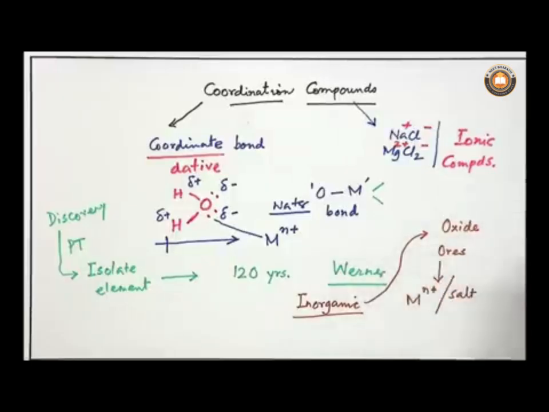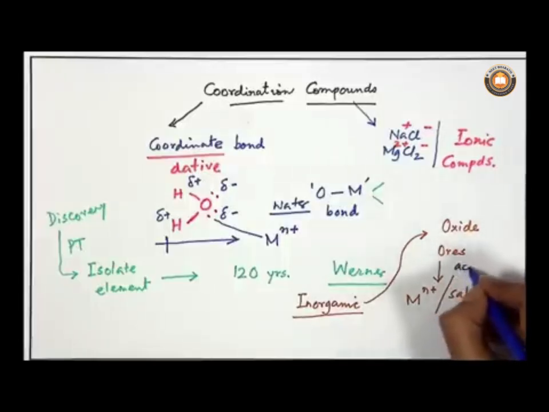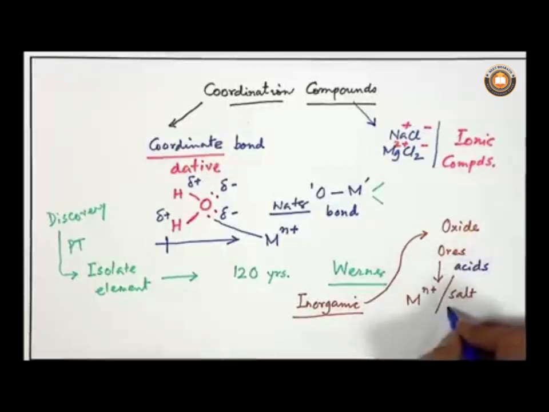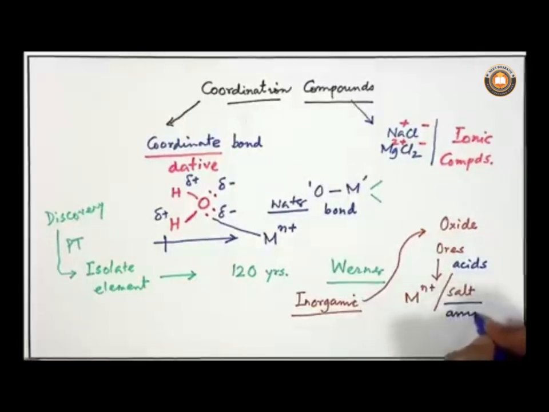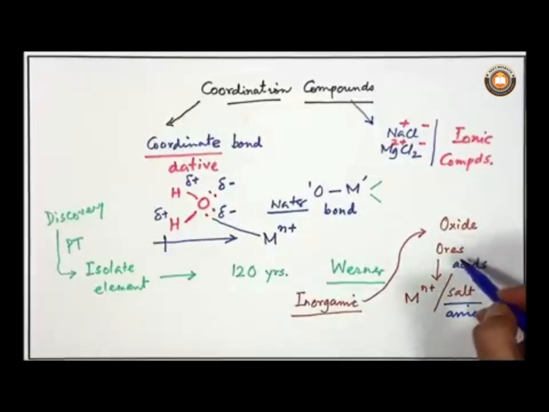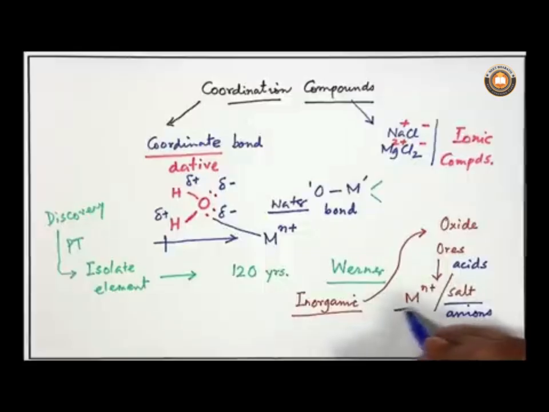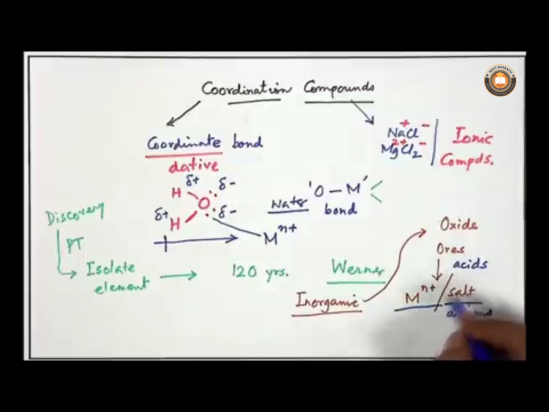When we treat these ores and minerals with mineral acids, the acids provide the corresponding anions, for isolating a typical metal salt, say nickel sulphate, iron sulphate or copper sulphate, because copper will be present as copper 2 plus and the corresponding anion will be present as the corresponding anionic salt.